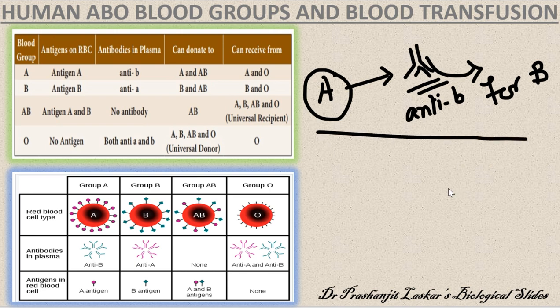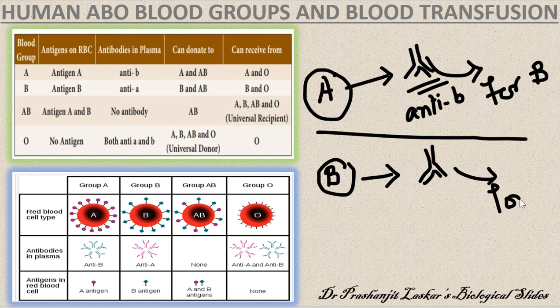A person with antigen B has antibodies, again the same structure I'm drawing, for antigen A. That means they have antibody A, or anti-A, in plasma.